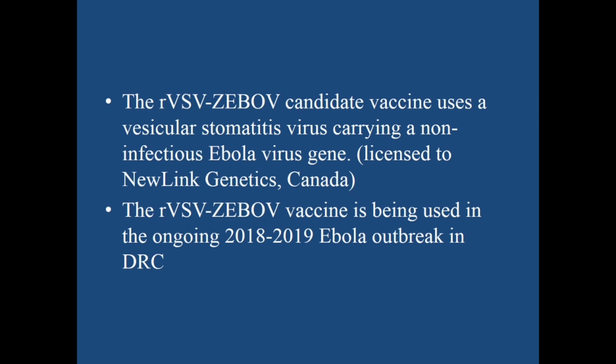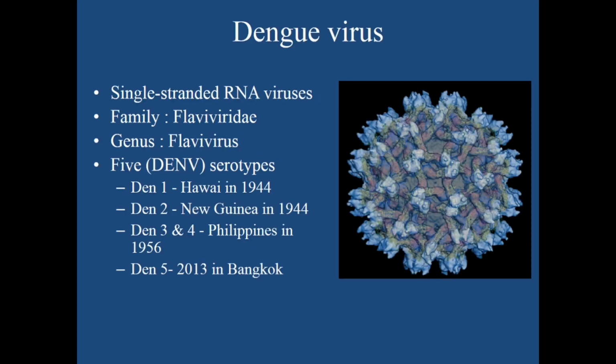The candidate vaccine uses a vesicular stomatitis virus which carries a non-infectious Ebola virus gene. So the vaccine was being used in the ongoing Ebola outbreak in Democratic Republic of Congo, but not in the other countries.